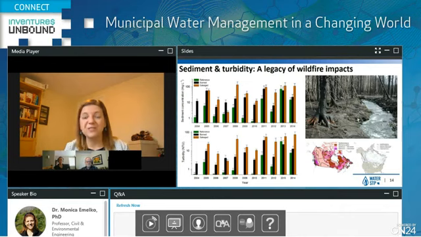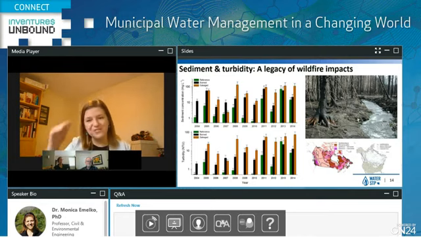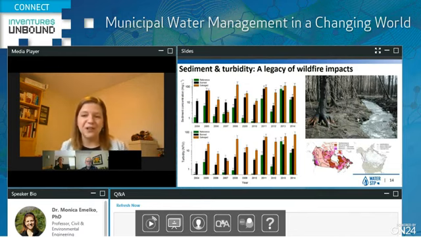Green is reference unburned catchments. Black is burned catchments, and the brown or orangey brown is post-fire salvage log catchments over now a decade. And what we've seen is there are wet years and there are dry years. There are bigger differences in some years between the burned and impacted catchments versus the reference catchments. And some years the differences are fewer, but they're there and they persist.